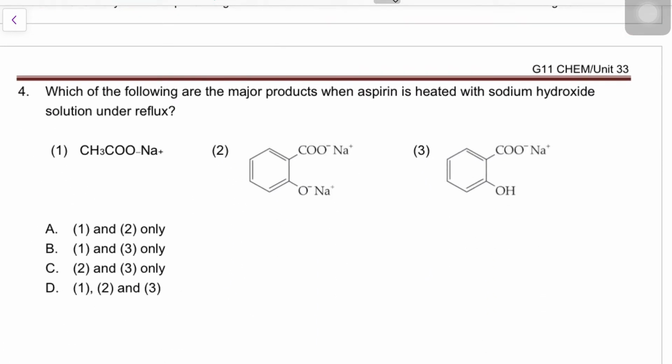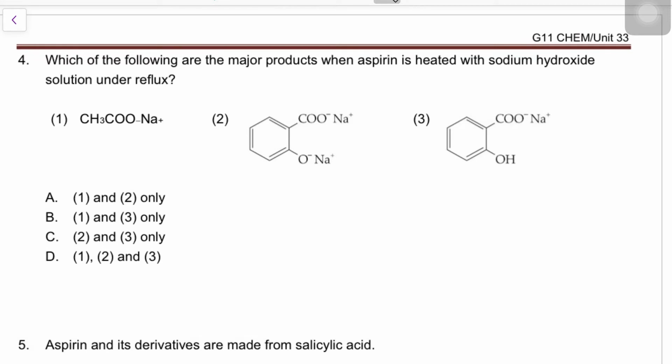Okay, next one. Which of the following is the major product when aspirin is heated with sodium hydroxide under reflux? Now again, you are recommended to memorize the functional groups, the functional groups that exist.